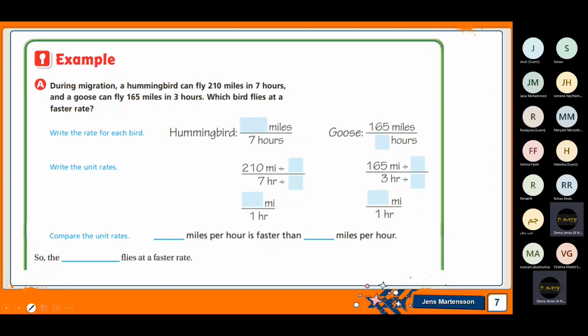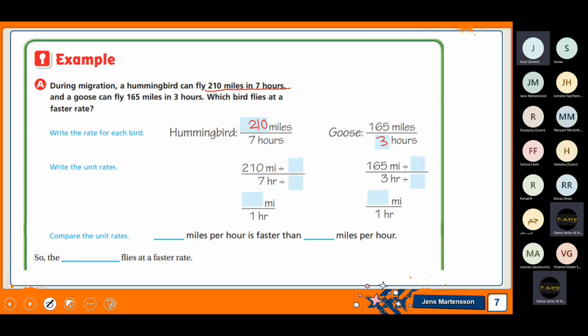So the hummingbird can fly 210 miles per 7 hours. The goose can fly 165 miles per 3 hours. Be careful how you write the rate. As I told you, 210 in 7 hours means 210 per 7, that means 210 over 7.